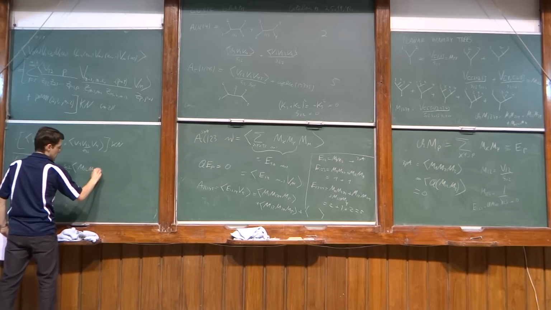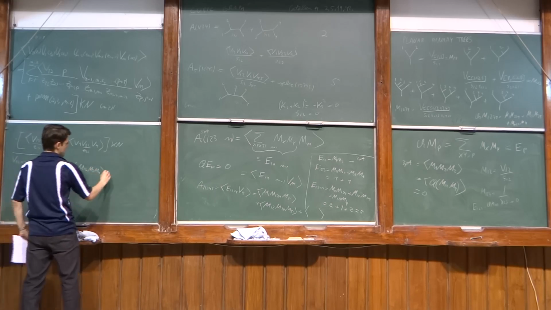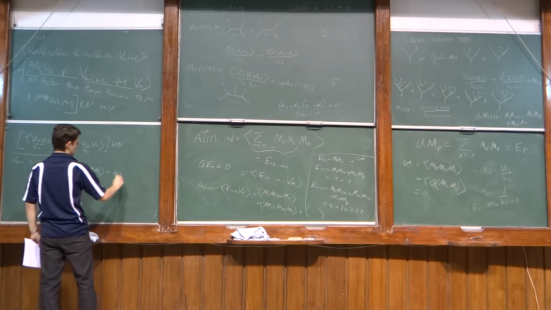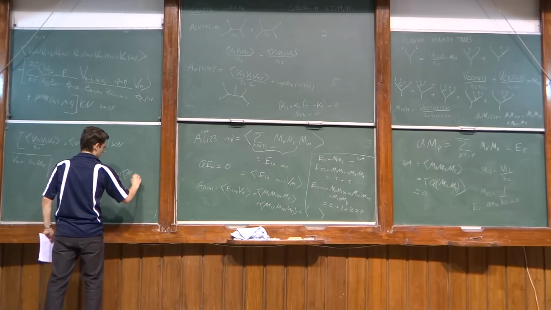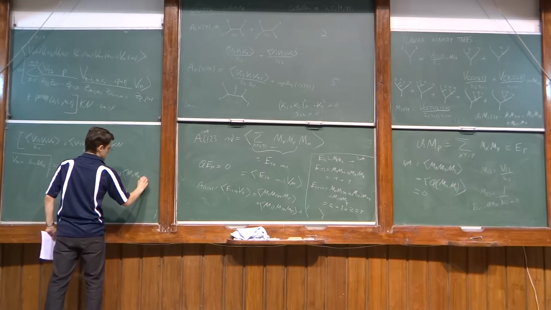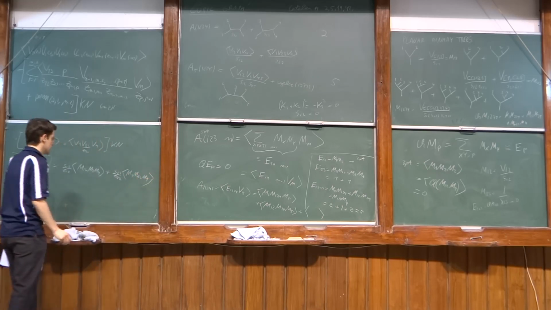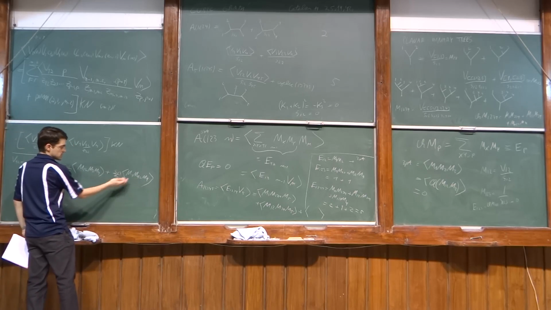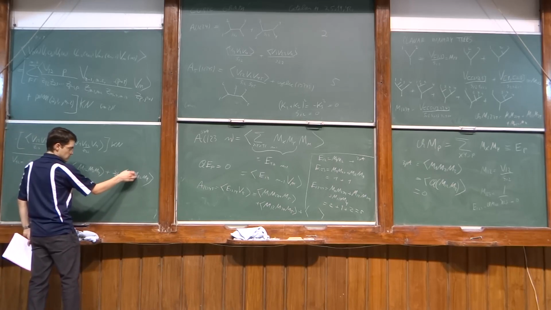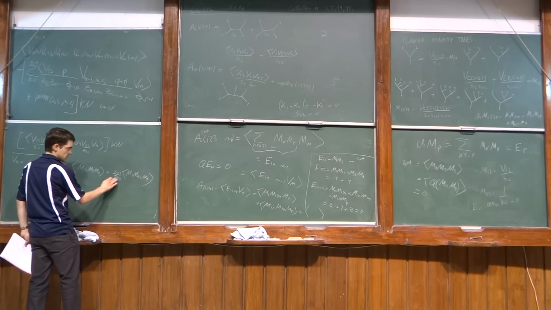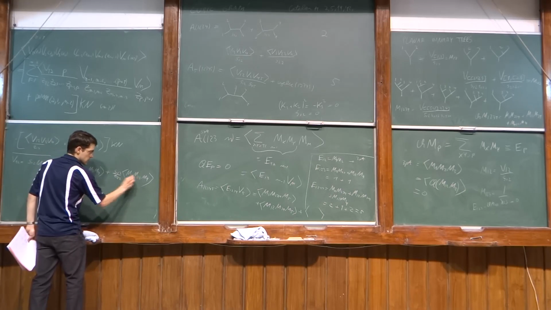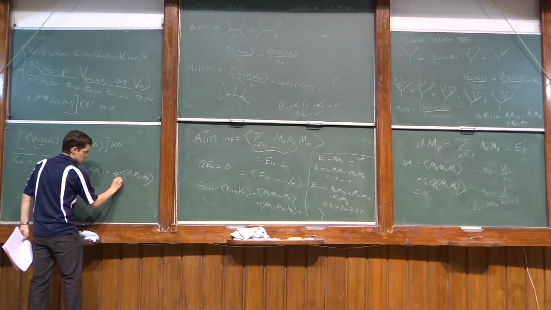M3, M4 plus M32, M1, M32, M4. And using antisymmetry of M and Z23, I can write this as M23 and then Z23.